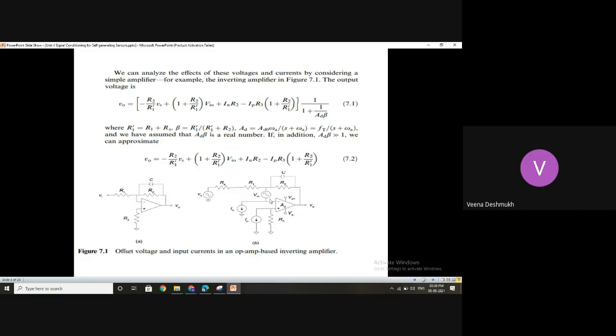So the voltage which is applied through the non-inverting terminal is nothing but the bias voltage difference VIO, and the gain of this non-inverting mode is equal to 1 plus R2 by R1 dash. So this is the contribution due to the VIO voltage. Next, there is going to be some drop across R2 due to the current flowing here. Which current is that?